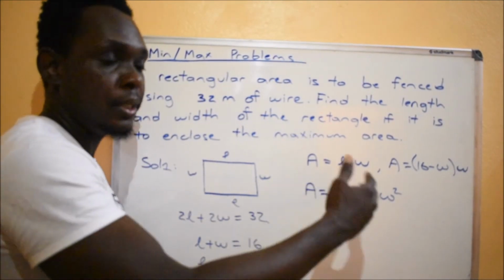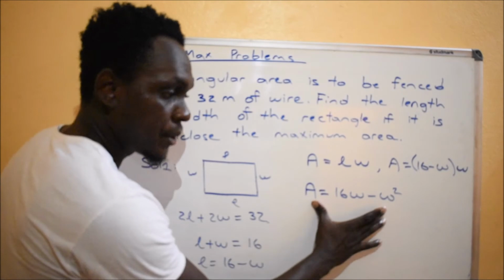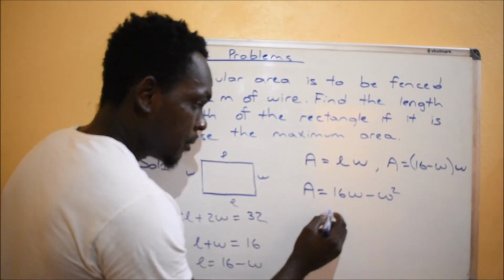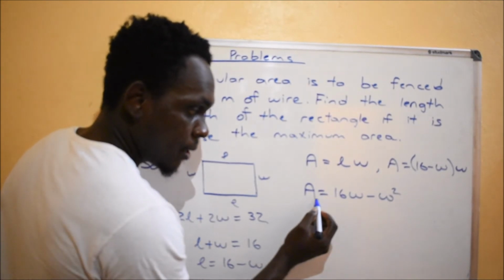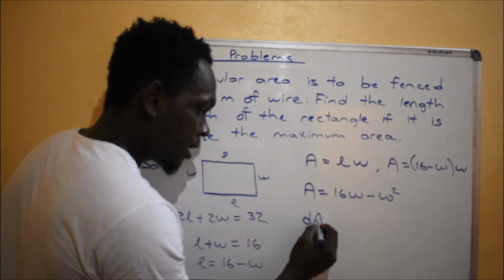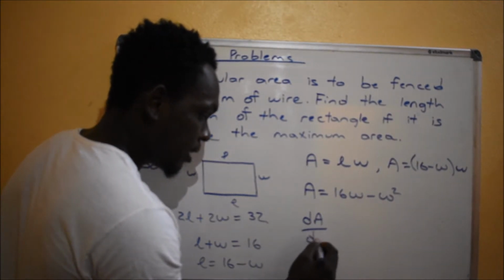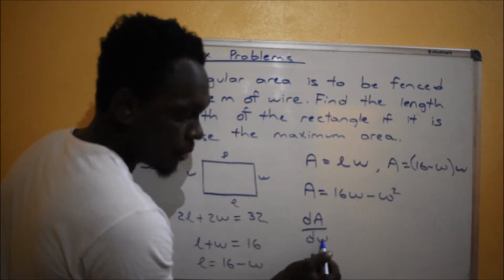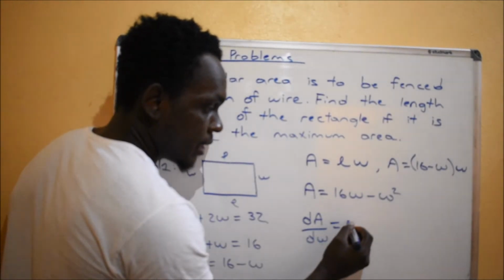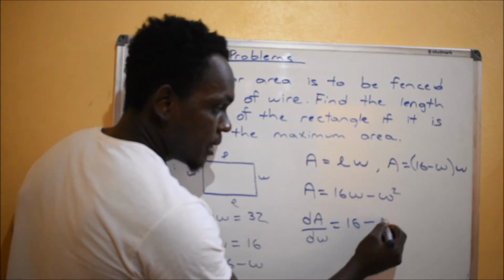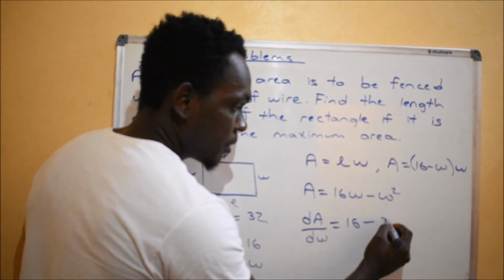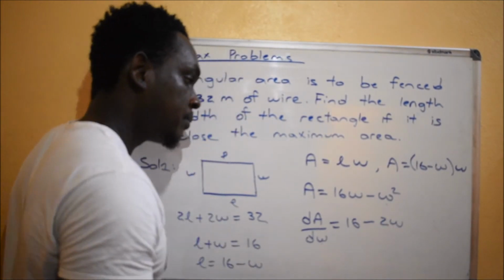Now, following from before, we know we need to differentiate this and equate to 0. So we're going to differentiate A with respect to W. What we'll have is dA/dW, and this is equal to 16 minus 2W, since differentiating W squared gives us 2W.